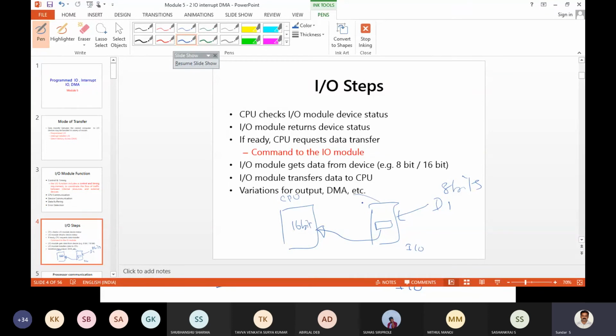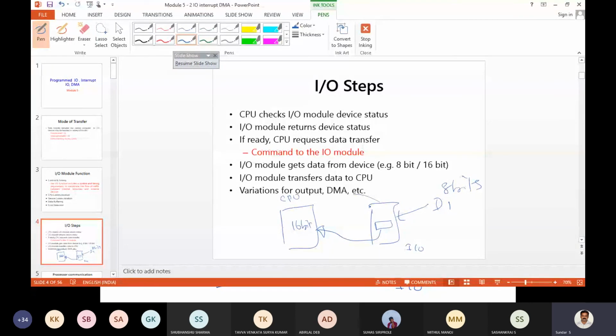If the device is ready, then the CPU can tell the IO module that it wants to have communication with the device, and asks for help. Then the IO module will communicate this to the IO devices, and then we will have a communication between the IO devices and the CPU.